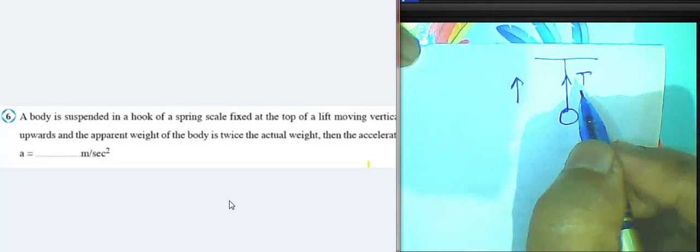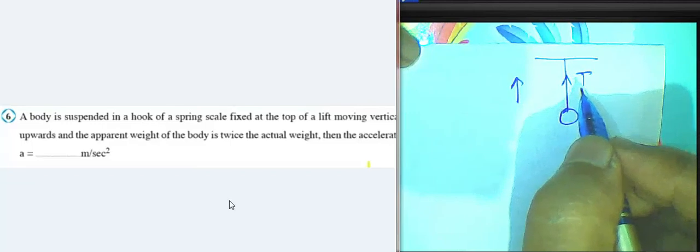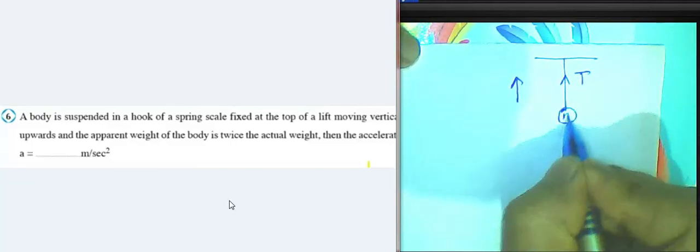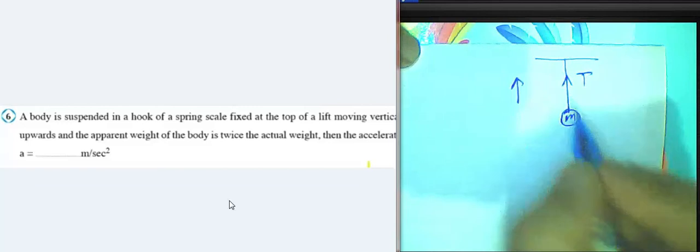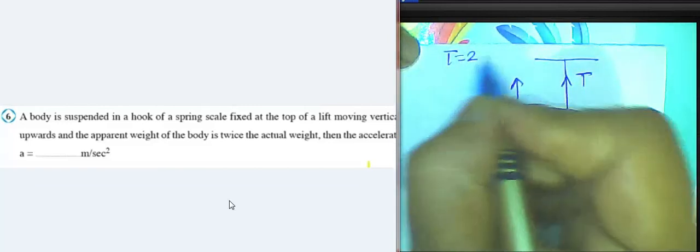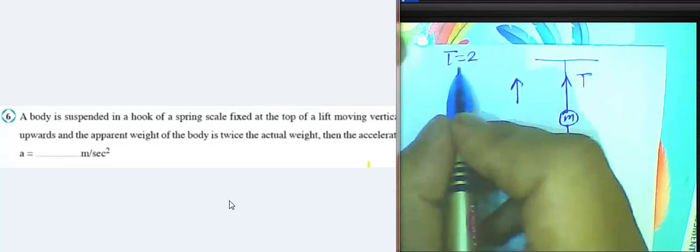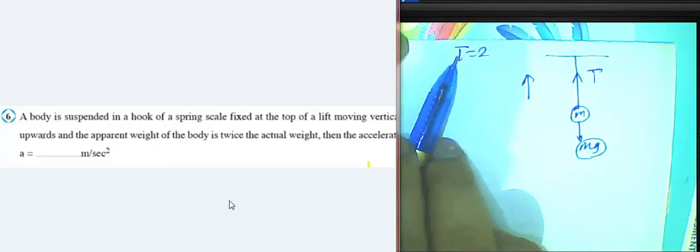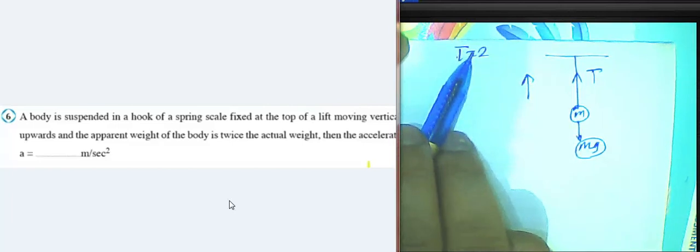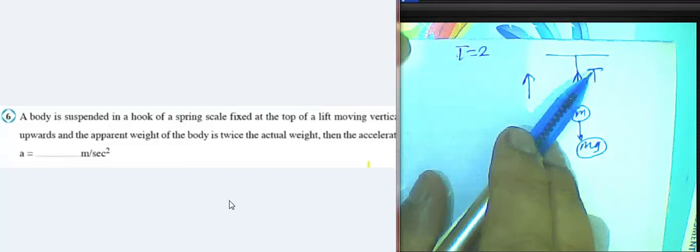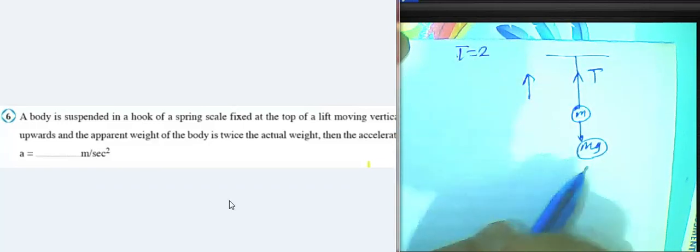The lift is moving vertically upwards, and the apparent weight of the body, the mass was m, T was twice the weight, equal 2mg. He told us the reaction here is upwards, and the apparent weight of the body, meaning the reaction is twice the weight, twice mg.